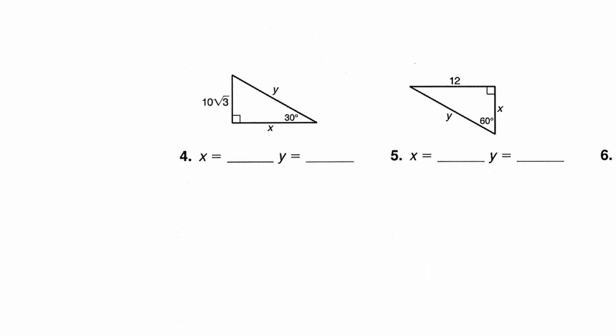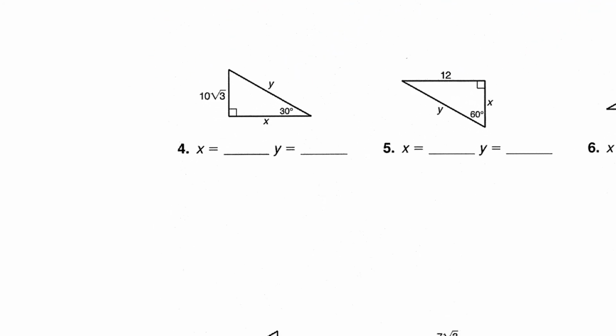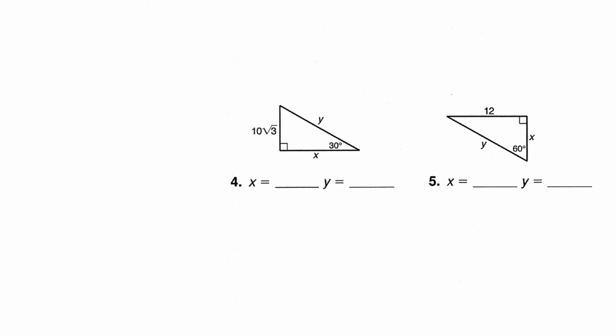Okay, so then real quick, number 4. That 10 square root of 3, long leg, short leg, or hypotenuse? It's the short leg. So how long is the hypotenuse, the y? 20 square roots of 3. And then for the x, from here down to here, what do we do?